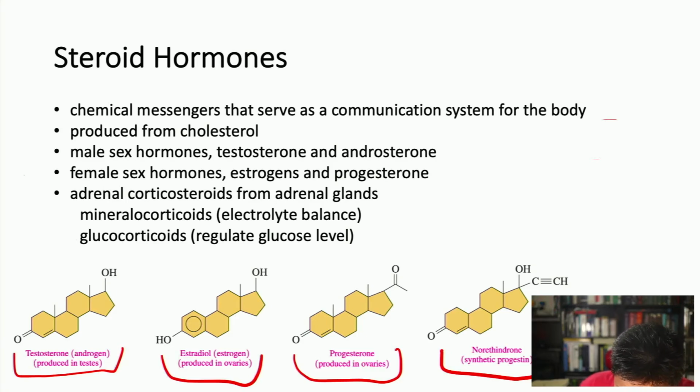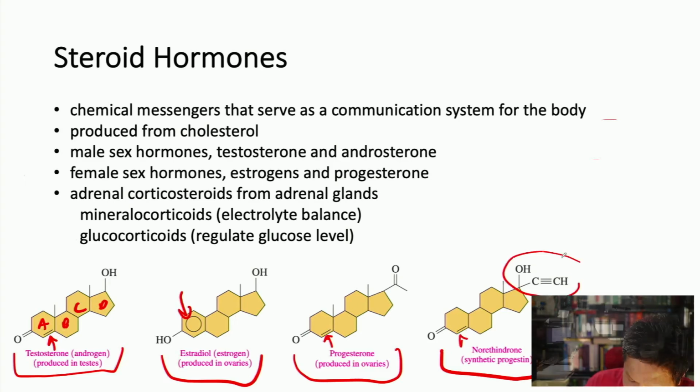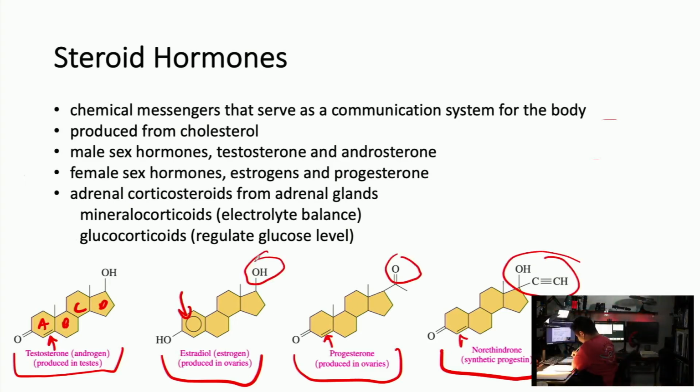And then we can see here that they look just like steroids because they have the A, B, C, and D rings. It's interesting though because estrogen has an aromatic ring in the A ring, right? But all these other ones have just single double bonds in the A ring, right? And other substituents making them different, right?